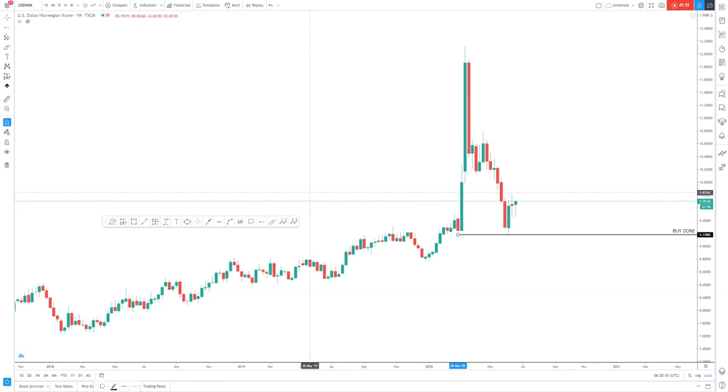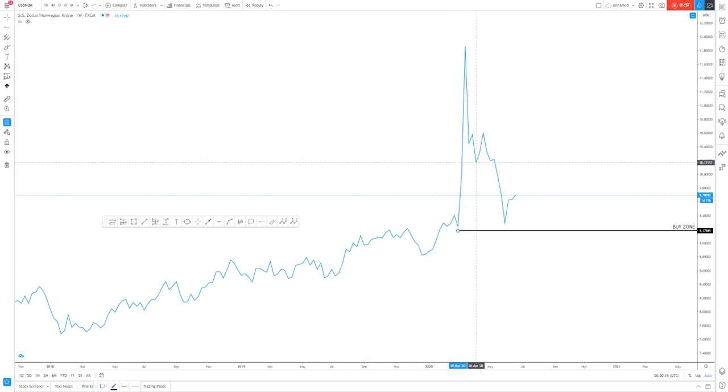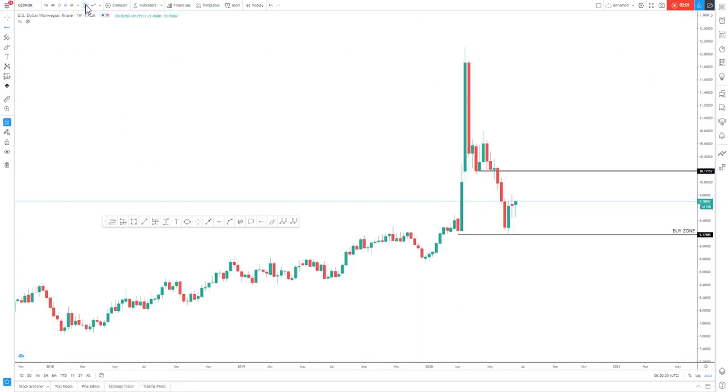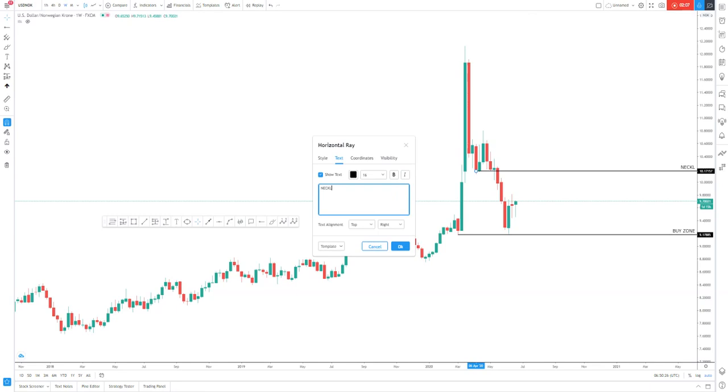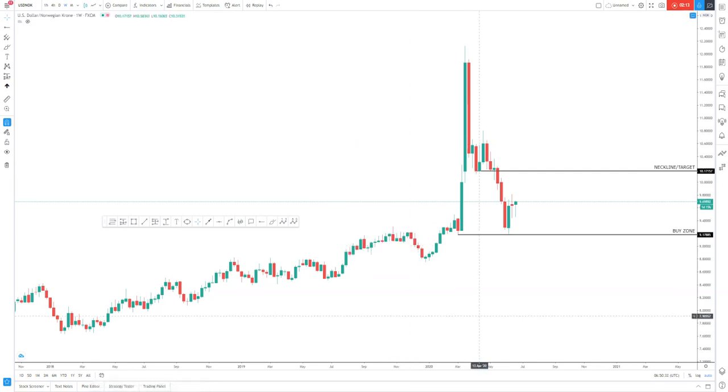And coming back here, knowing this is the neckline, I could switch to a line chart to mark out the neckline precisely and drop it right here and say that's the neckline or target. So now with this known, I know we have a buy zone on the weekly time frame and we have an M pattern.